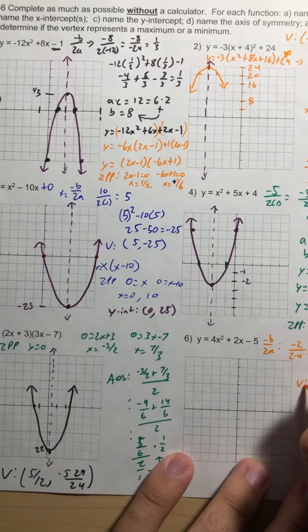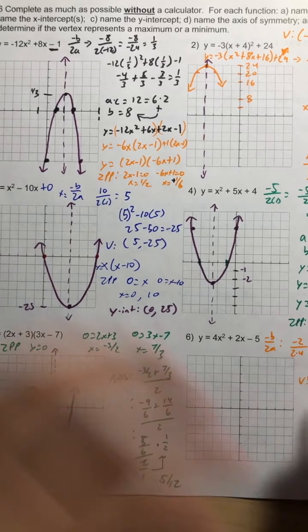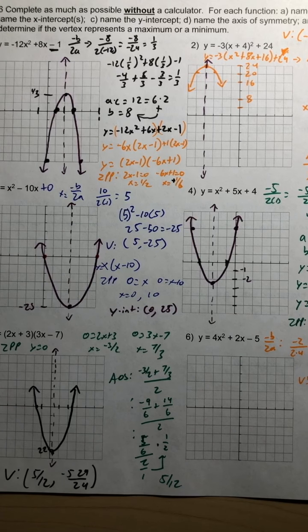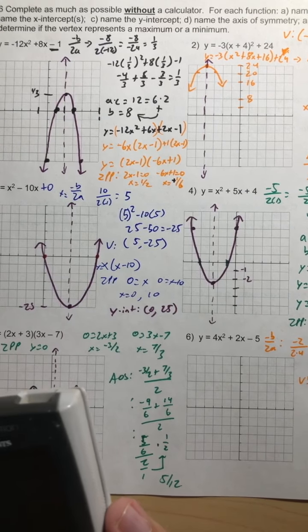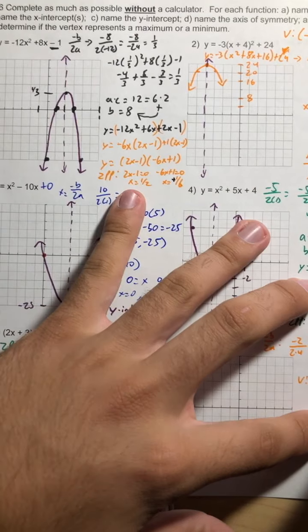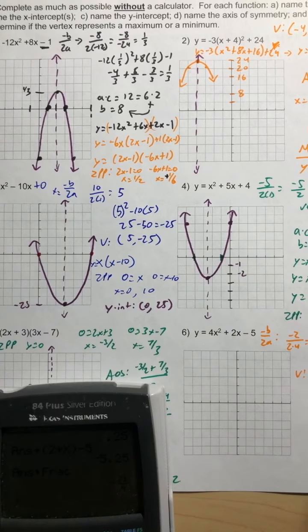When I plug it in, so this is going times 4. I get negative 21/4, or just over negative 5. So that's my vertex.